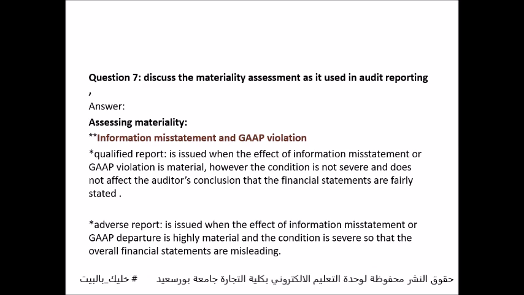While the adverse report is issued when the effect of information misstatement or GAAP departure is highly material and the condition is severe, so that the overall financial statements are misleading.